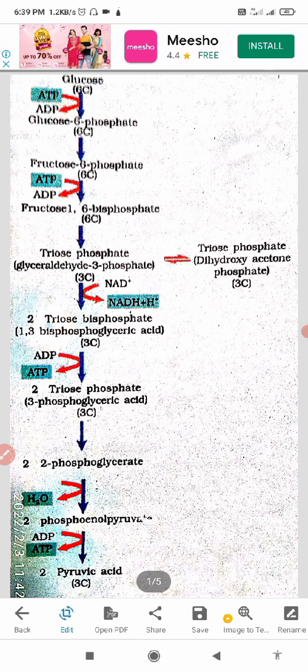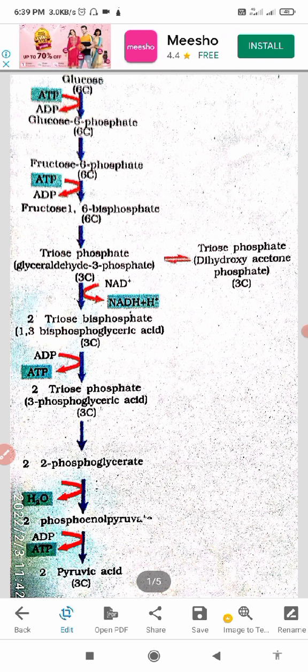And later on there will be another side of reaction taking place, coming from the amphibolic pathway, from where triose phosphate in the form of dihydroxyacetone phosphate, which is 3 carbon, and glyceraldehyde 3-phosphate, which is 3 carbon.